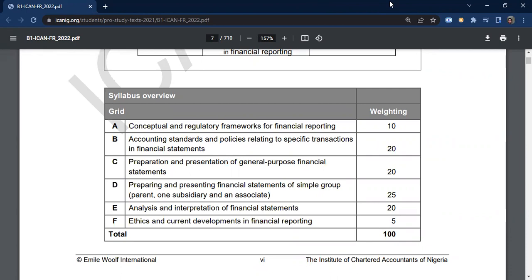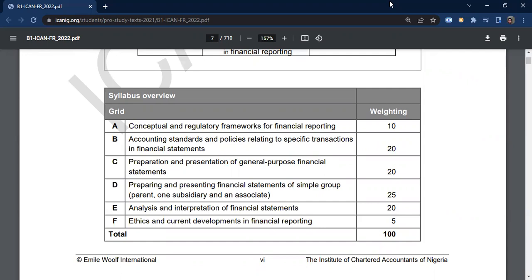In the syllabus overview, we have 1, 2, 3, 4, 5, 6. It's divided into 6 sections. What is section A talking about? Section A is talking about the conceptual and regulatory framework in financial reporting. Some of us may remember the conceptual framework is also at the foundation level.